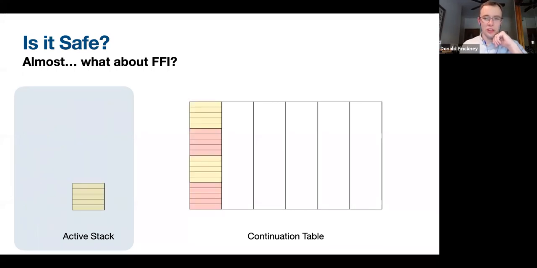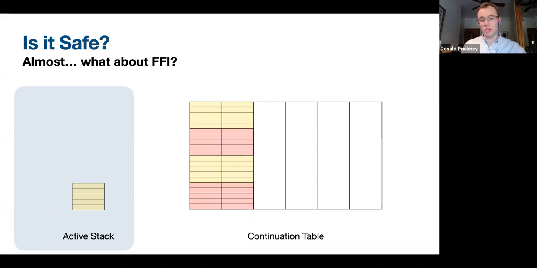So the first thing I'm going to have bad Wasm do is a control instruction. That will capture this stack and save it into the continuation table, and it will switch to this new active stack, which is, I don't know, some new function, right? And what does this active stack do?